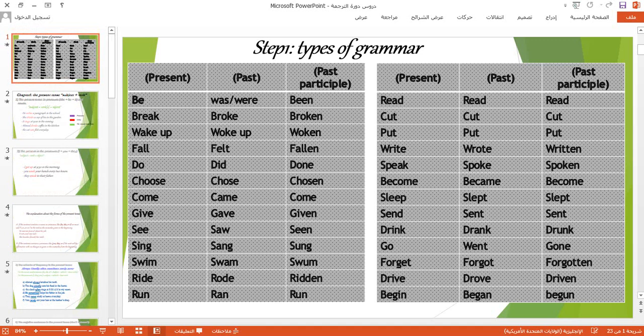And we have also discussed the present continuous and how we can use it in yes/no questions and WH questions. And we have also discussed the past tense and how we can use it in yes/no questions and WH questions. Okay, let us take an overview of the present tense.